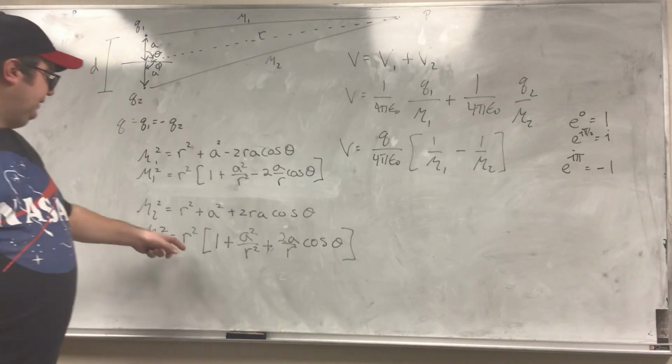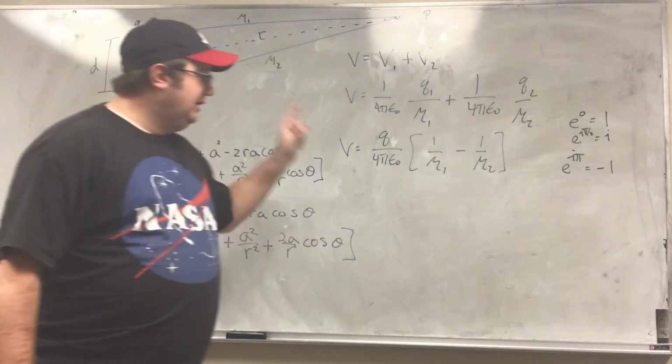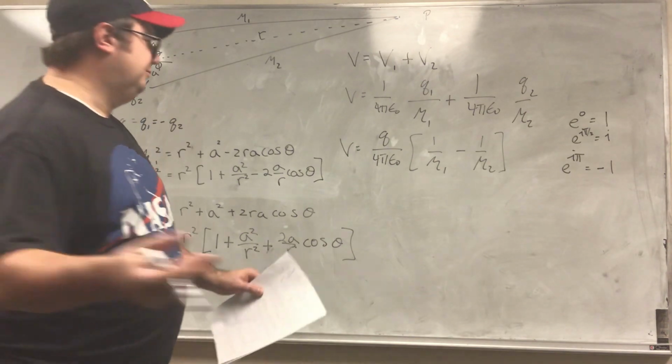So what I essentially did was I pulled out the r squared from each of these terms, right? And now I can take these values for script r and plug them into my equation for the potential. It starts looking ugly, but here we go.